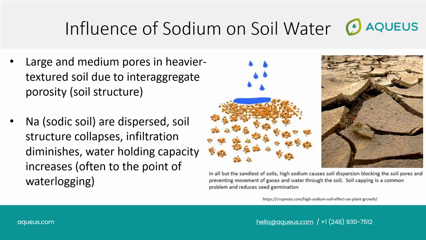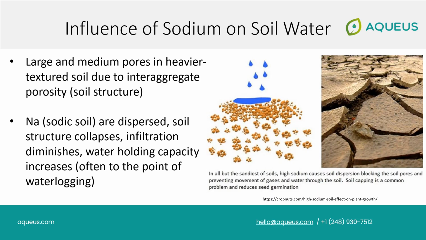And if we look at the influence of sodium on that, the large and medium pores in heavy textured soils are due to interaggregate structure, and especially in finer grained soils, they depend on the aggregation, and sodium destroys it. And so therefore we lose our infiltration. We don't hold as much water, but at the same time, we're often waterlogged.